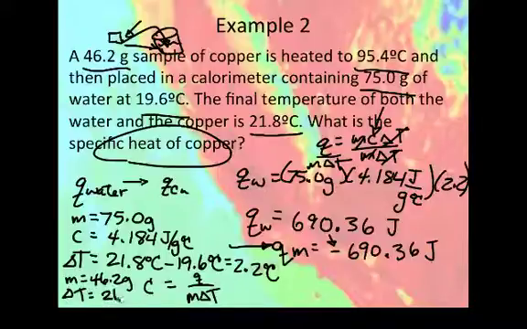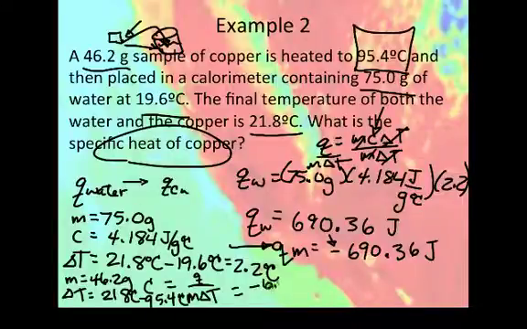The final temperature was 21.8 degrees Celsius, but the initial temperature of the metal is over here, 95.4. So it was really hot. That's about what we would expect boiling water to be in Falcon, because it doesn't get up to 100 for it to boil. It's usually less.